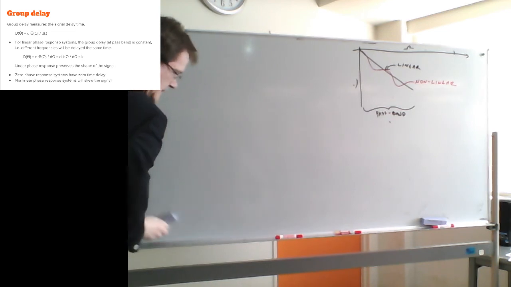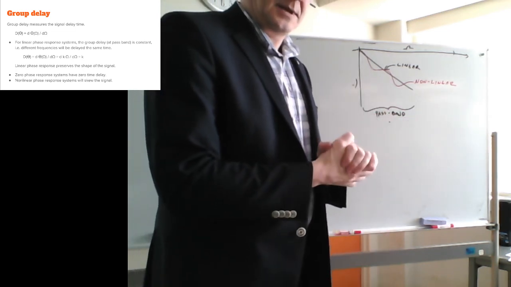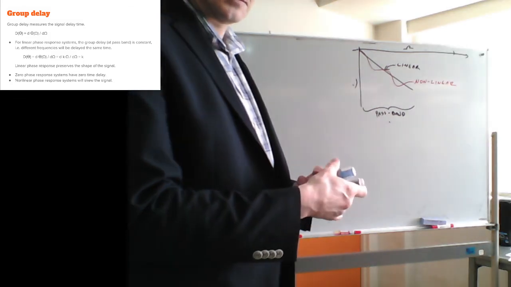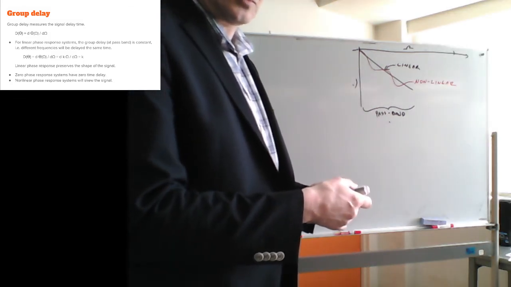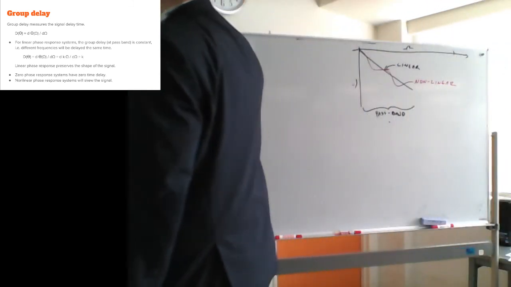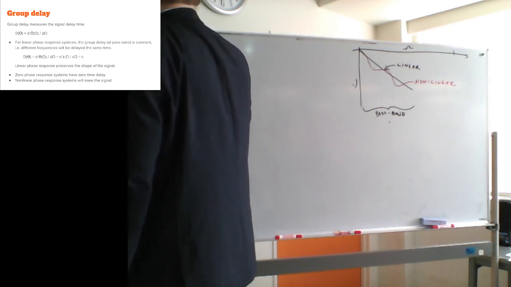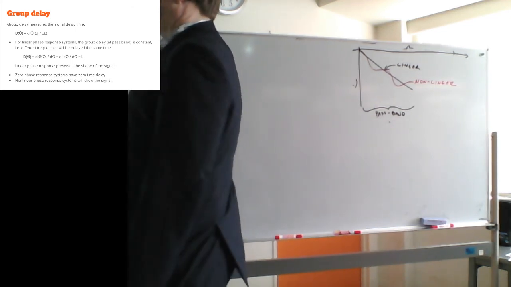Is a measure of how much the signal, wait a minute, this has some funny markings again. Okay, so group delay is actually d theta over d omega, not d of theta.